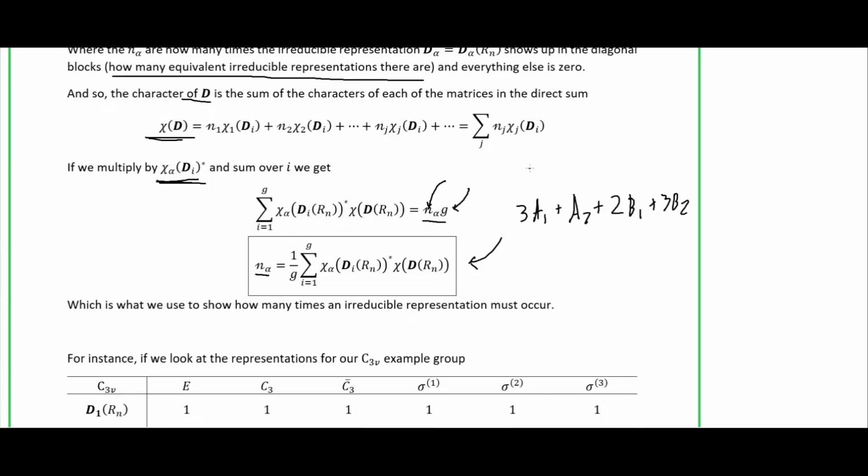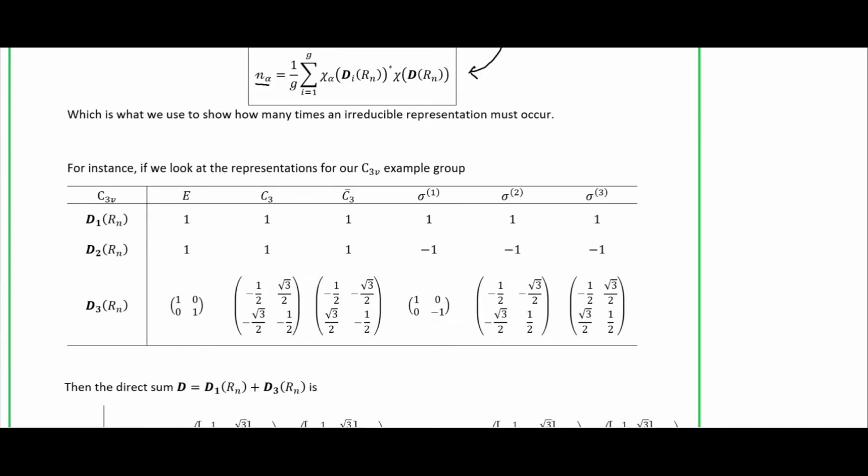But we just found these coefficients, and that's how many times the equivalents of these irreducible representations actually show up in our group there.